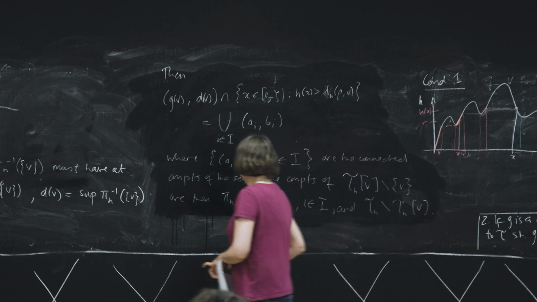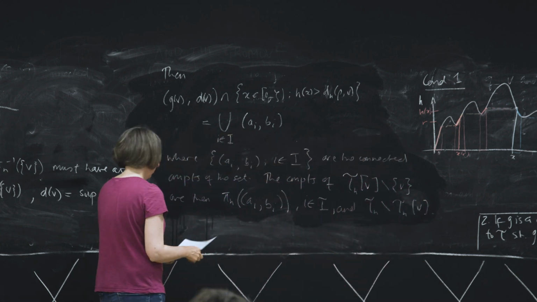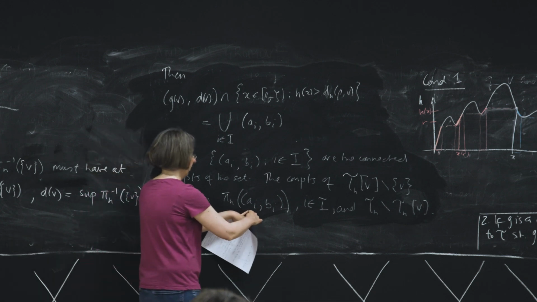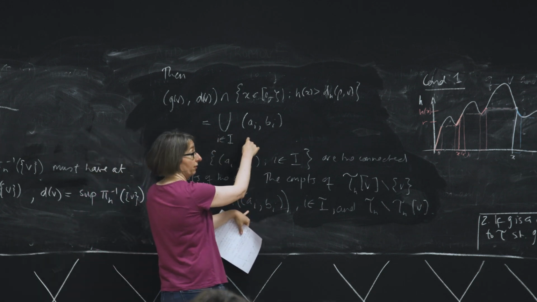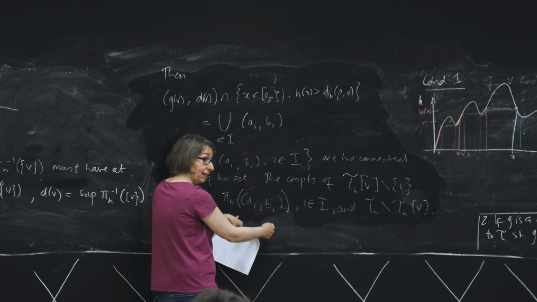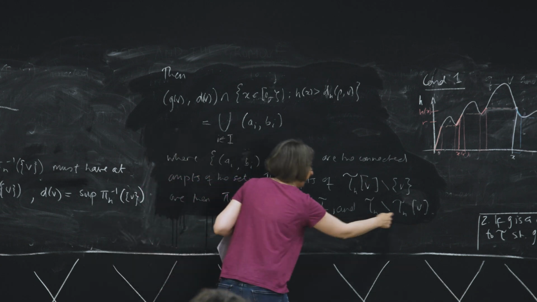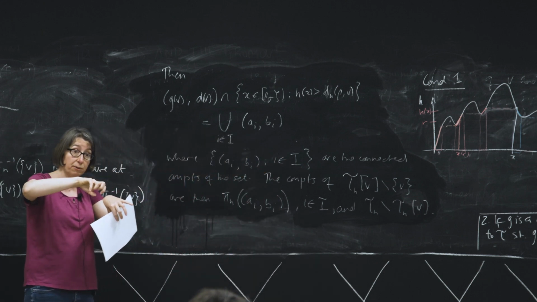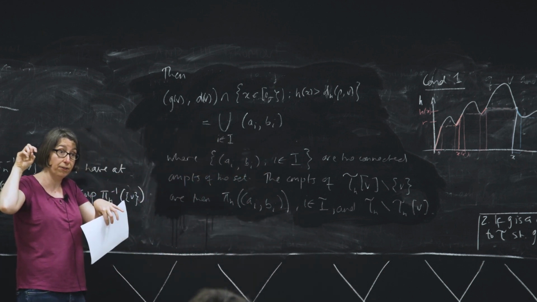Okay. So each of these is now connected, right? Because I said that these were the connected components of this set here, right? And I'm applying a continuous function to a connected set. And so these are connected in each case. Okay? So these are precisely the connected components into which I split when I remove the vertex V.